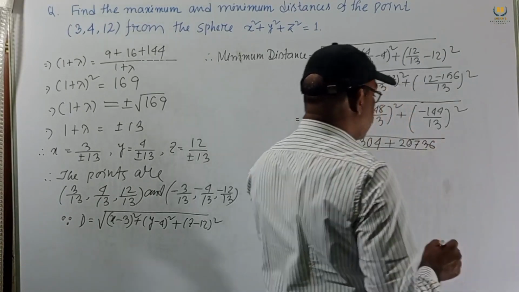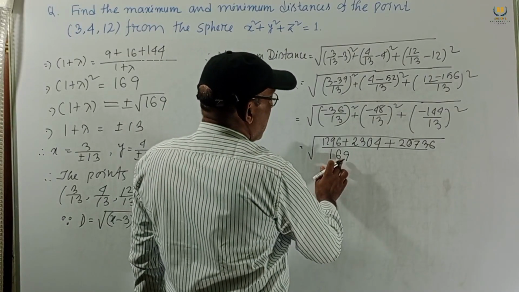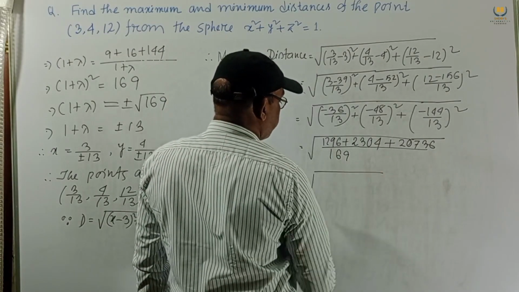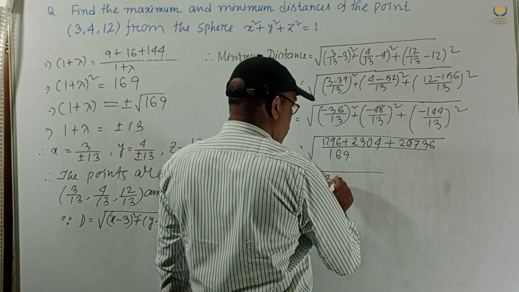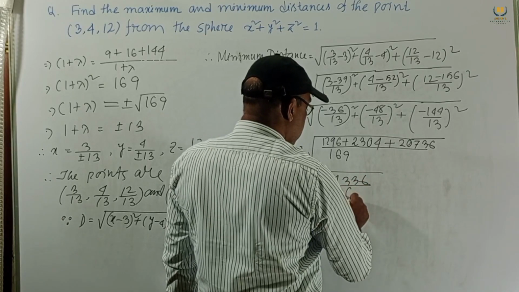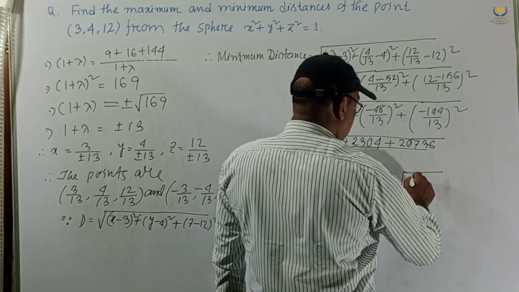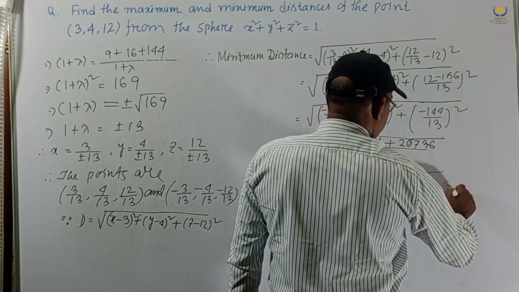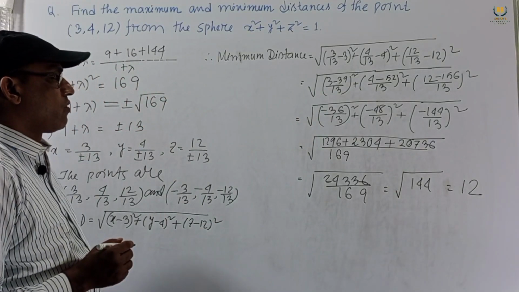We get this one, and if we add all of this, we get 24336 by 169. This equals root over 144 if we divide, and this will be 12. We get the minimum distance 12.